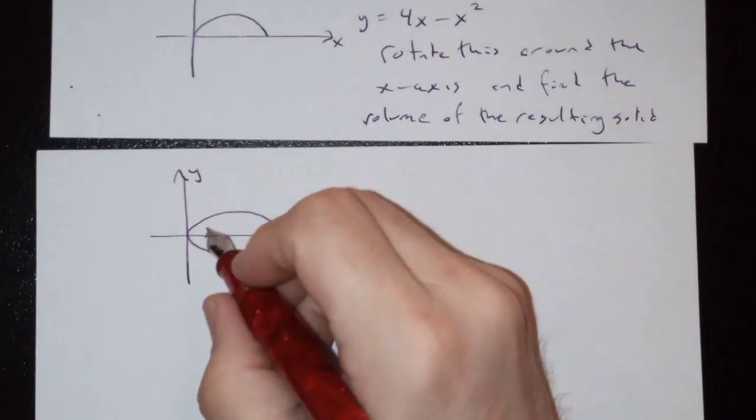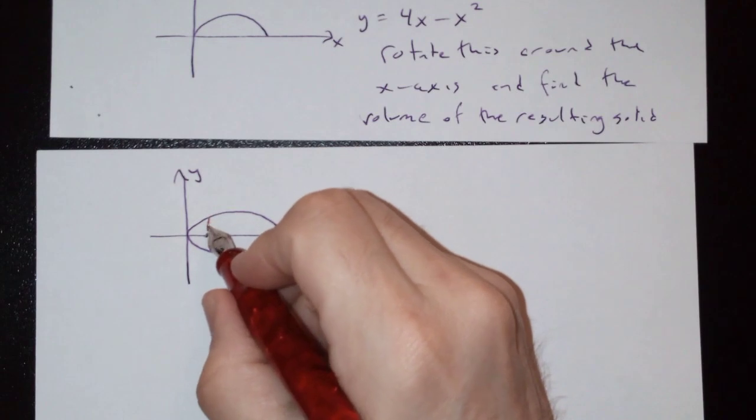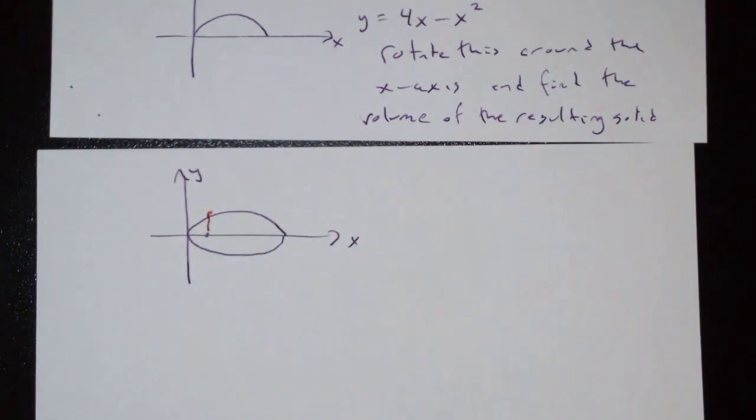So I go up here and I have a dot. And I want you to picture what happens to that dot. We spin it out and back, right? It goes around the x-axis. Like I started at some point on my curve, and I go around.